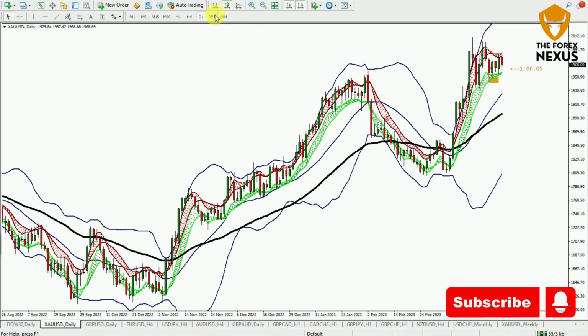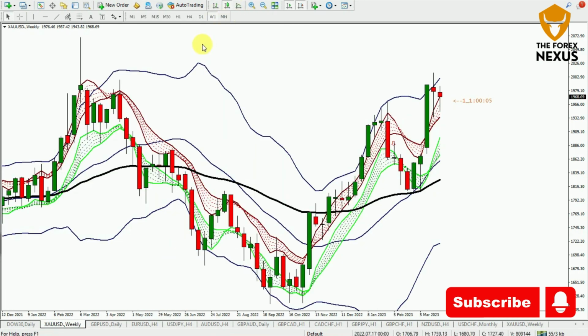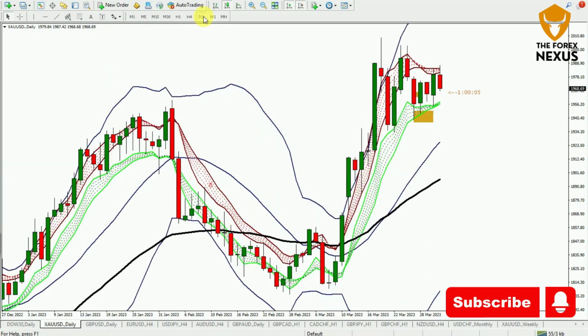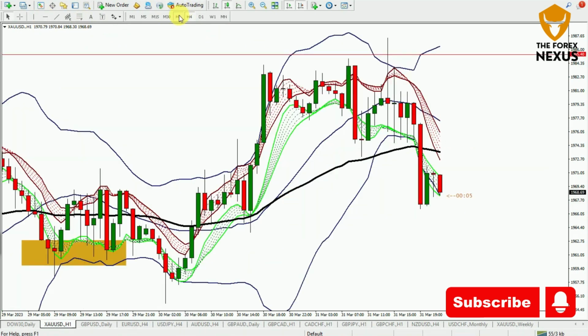Now if you watched the previous videos about gold, the last two videos about gold, you will find this area which we marked on the H4 time frame upper band. Here the market reached and hit that point, MA 510 high on daily, also extreme plus MLV on H1 time frame.